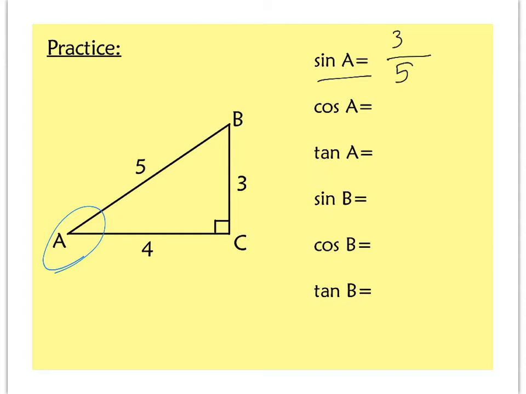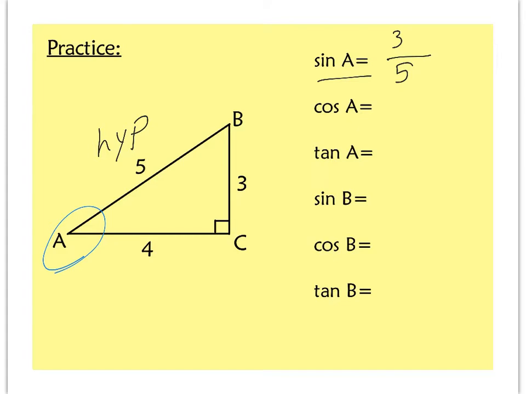Unless they tell us otherwise, leaving it as 3 over 5 is acceptable. Unless they're telling you to solve for something, just leave it as 3 over 5 for an initial setup. Remember, the hypotenuse never changes. I can't label opposite and adjacent on this one because it changes depending on the angle you're using.